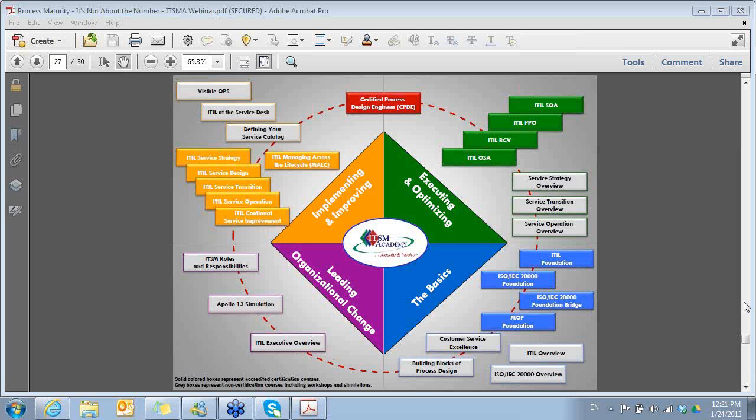But to make a change without really understanding the culture of your organization and the processes that you need to have in place in order for all of those different entities within your organization to work together, because that's what processes do.